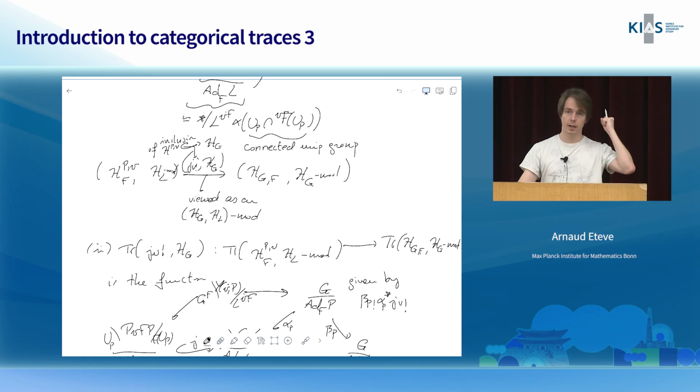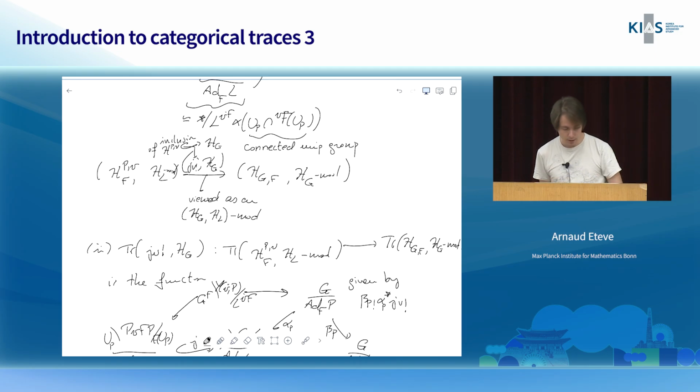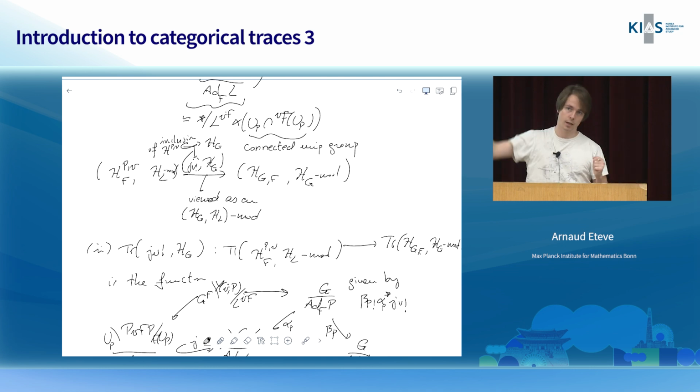Here you need a map between HL mod and HG mod. That is given by a bimodule for HL and HG. You have the inclusion from HL to HG, and you can view HG as a bimodule over these two guys. That's the map between the categories. And then, if you remember, you need to write a square, and you need the natural transformation. That natural transformation is just provided by the inclusion of this HPV into HG.